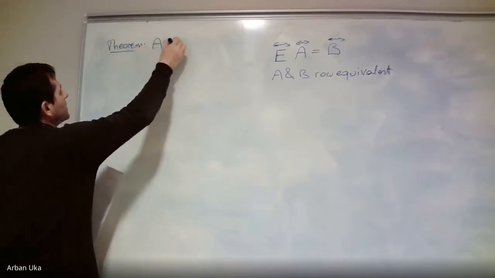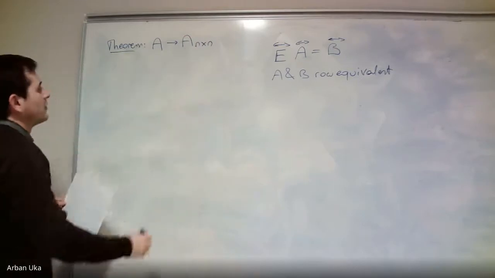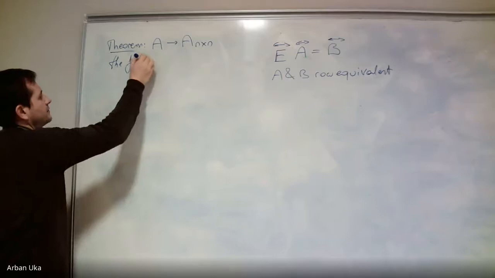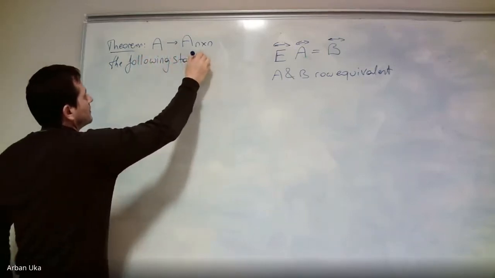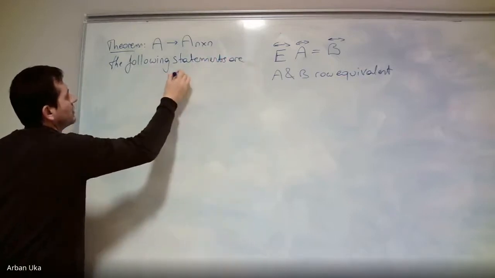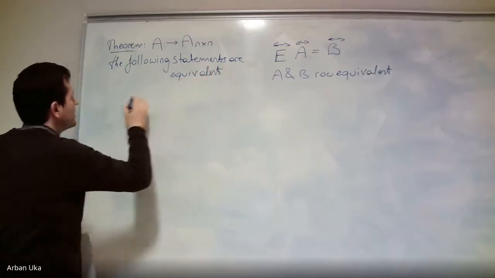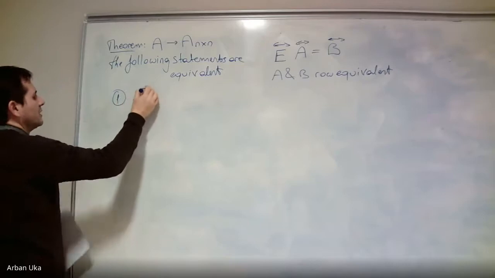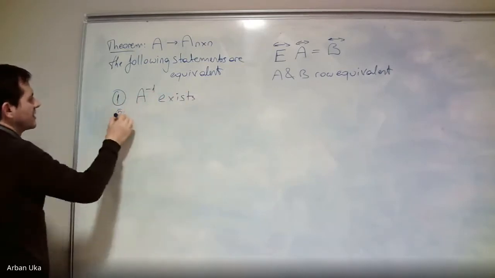So for any matrix A, which is a square matrix, n by n, the following statements are equivalent. These statements are the following. A inverse exists. This is the first statement.